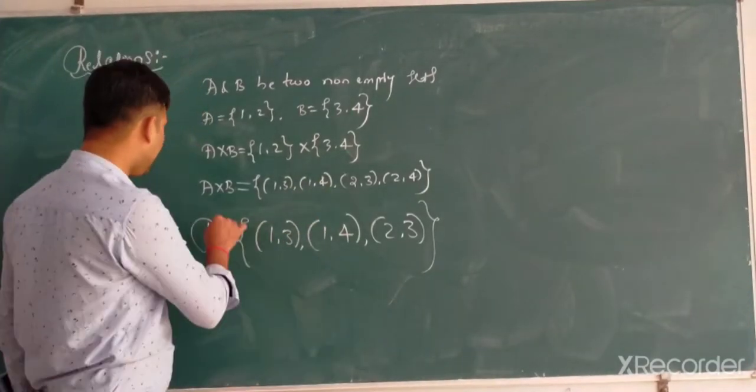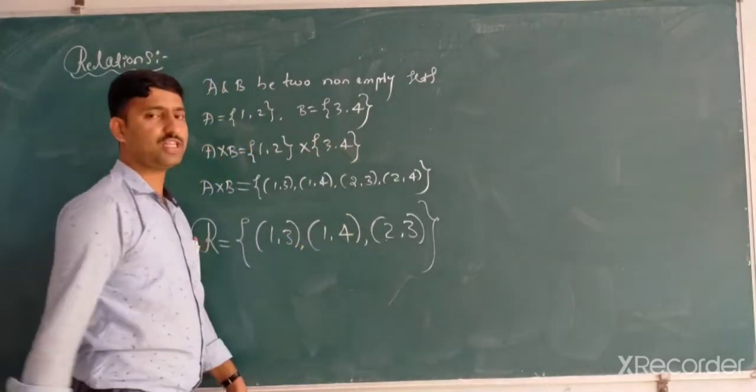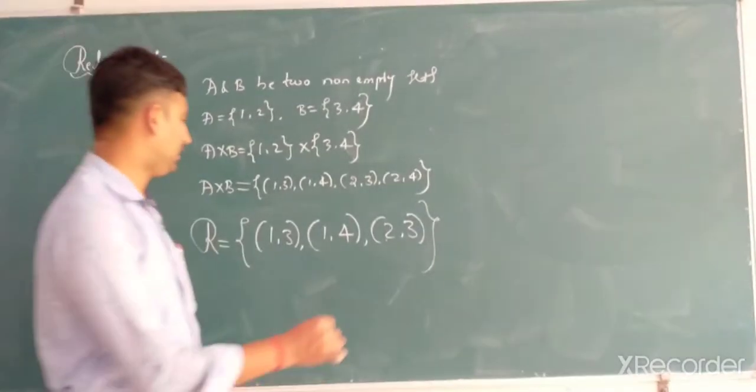Then in this general relation, what are the first components? 1, 1, 2. The first components are nothing but the domain of the relation. Correct?